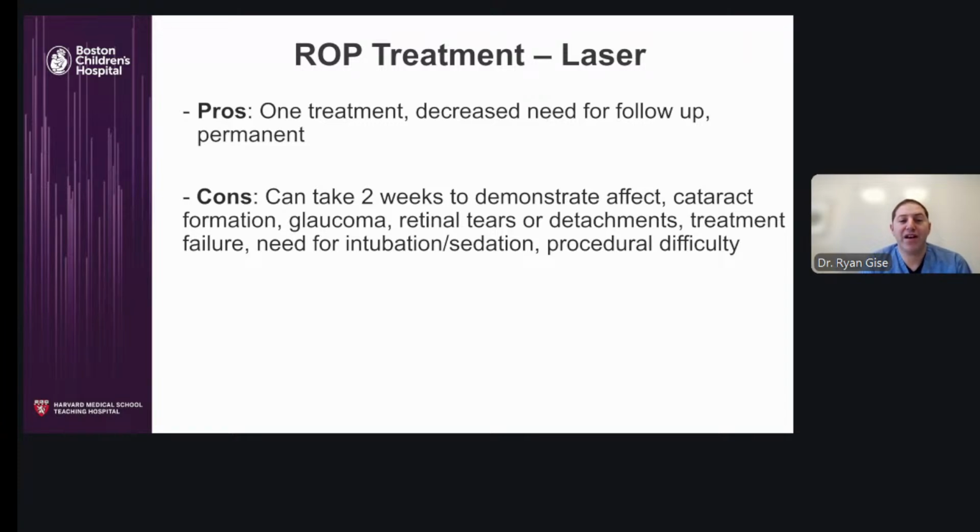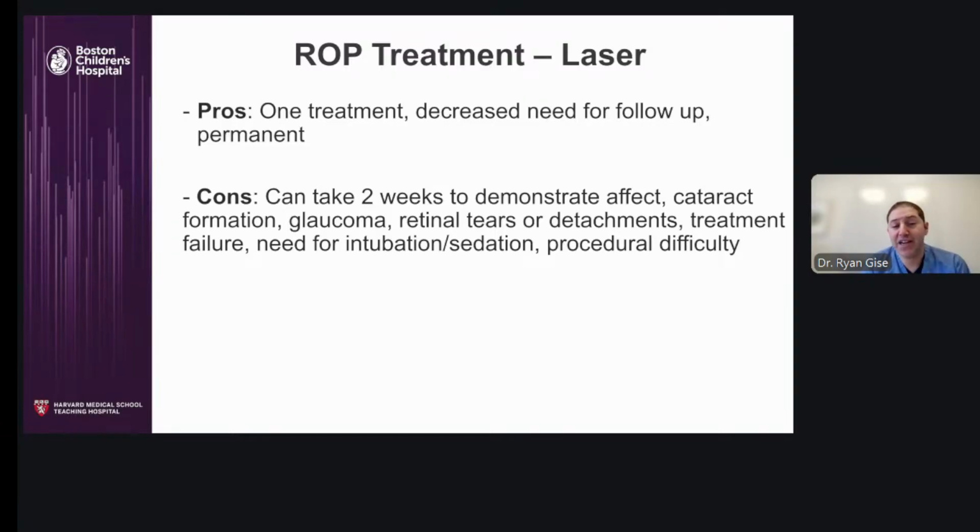Depending on where the parents live, if they live close to your center or far away, that can play a role. Social situations can as well. If you don't think the infants are going to be brought to follow up, then laser is a much more durable and permanent option.